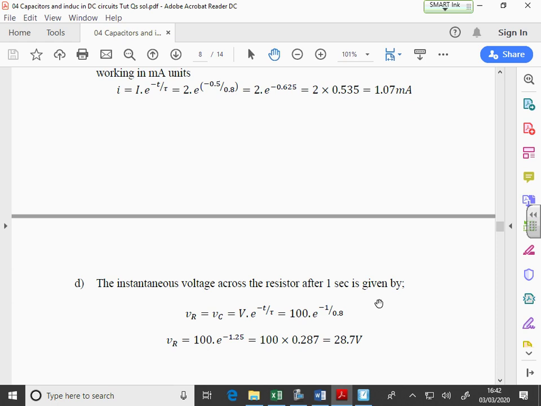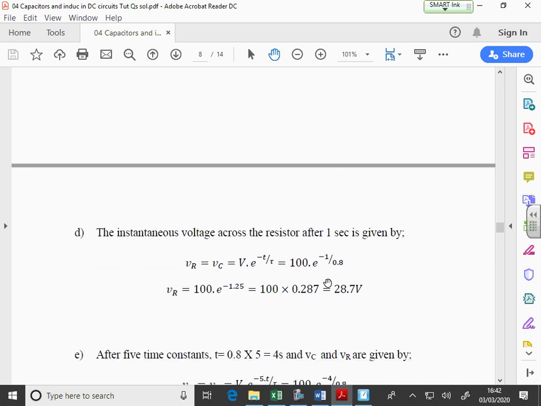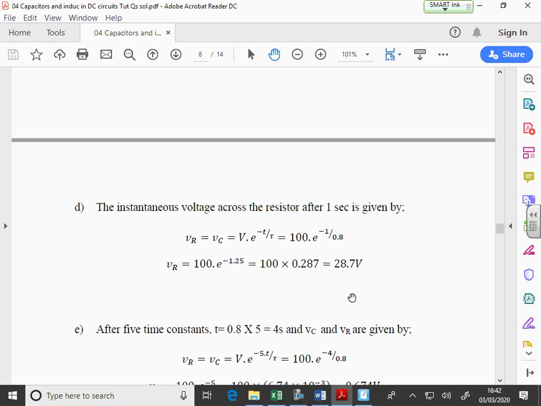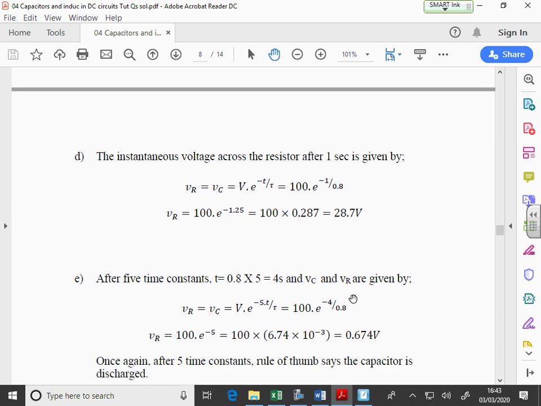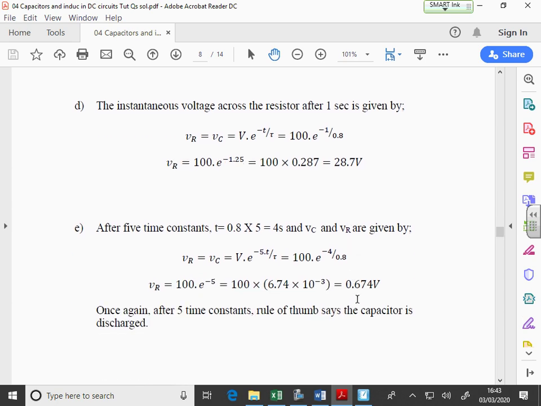Instantaneous voltage after 1 second. So we got minus 1 in there for T. 28.7 volts. And after 5 time constants, the resistor and capacitor, which are always equal to each other, has dropped to 0.674 volt, worked out to be about 99.3% charged.